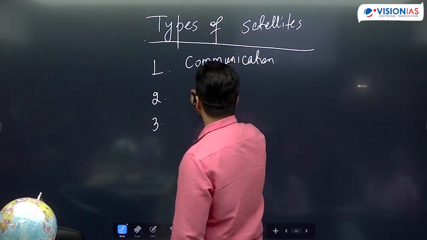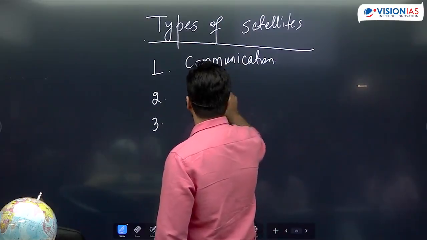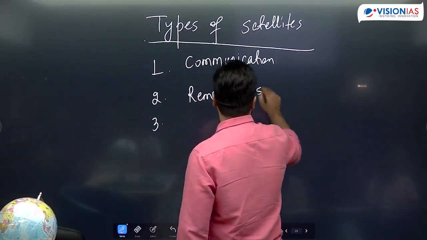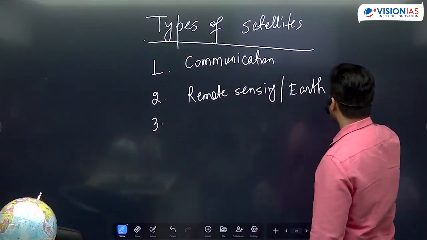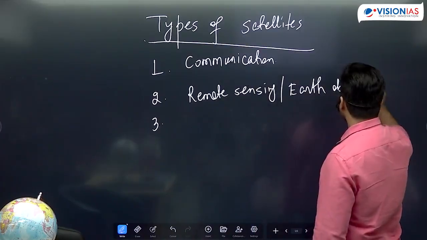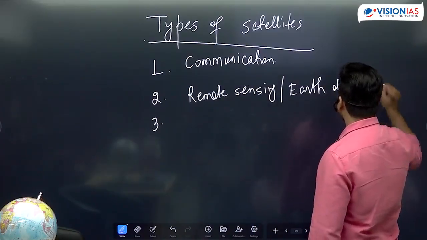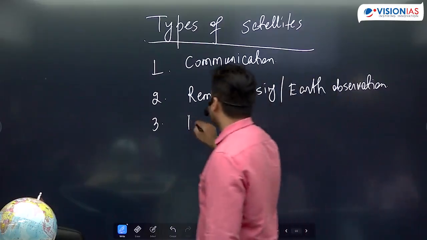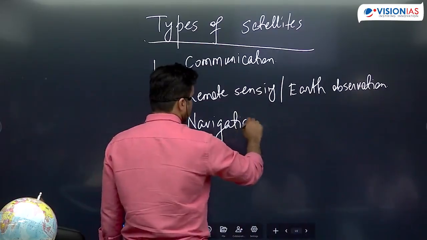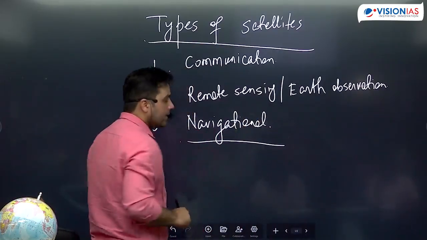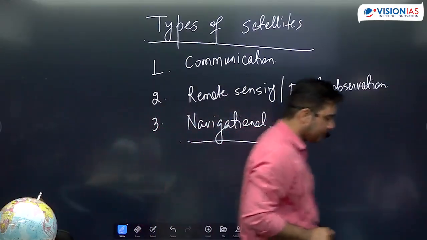Communication satellites, remote sensing, we also call them Earth observation, and navigational satellites.